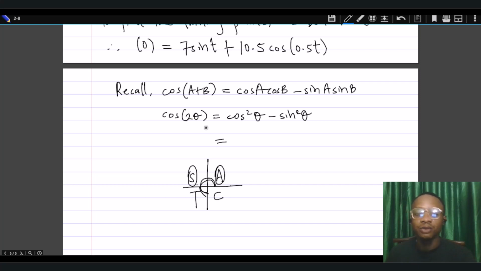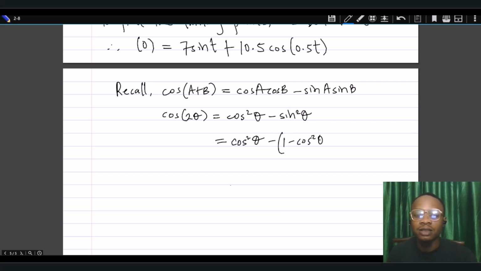So it's good if we have our final expression in terms of cos instead of in terms of sine. Guided by that, we can write this as cos squared theta minus, we know that sine squared theta is 1 minus cos squared theta. We can use that to simplify this from the fact that sine squared theta plus cos squared theta equals 1.